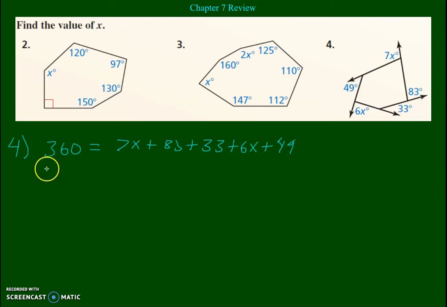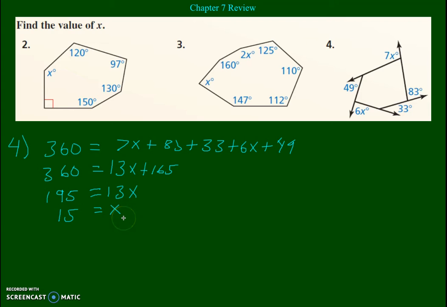We have 360 equals 13x plus 165. Let's go ahead and subtract 165 now, which is 195 equals 13x. Divide by 13, 15 equals x. And that's problem 4.